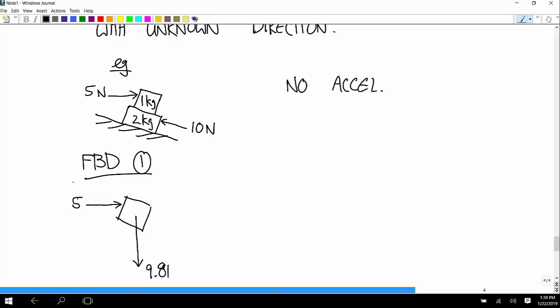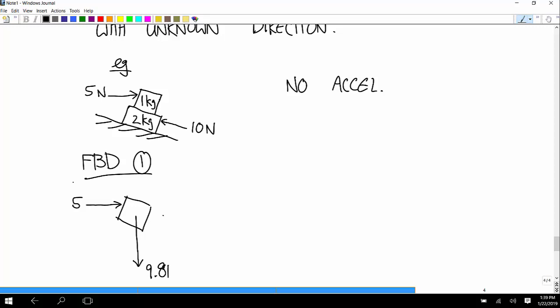In this class, we don't have to do that. We can keep whatever coordinate system we want because we're not going to break it up into a normal force and a friction force. So we can just represent this as an unknown force with whatever coordinate system we want.